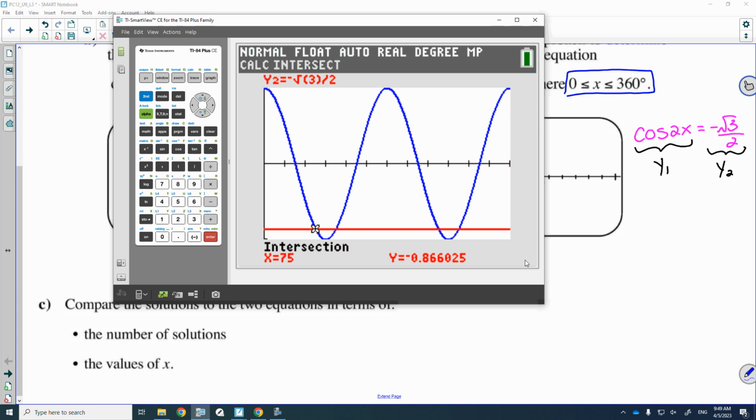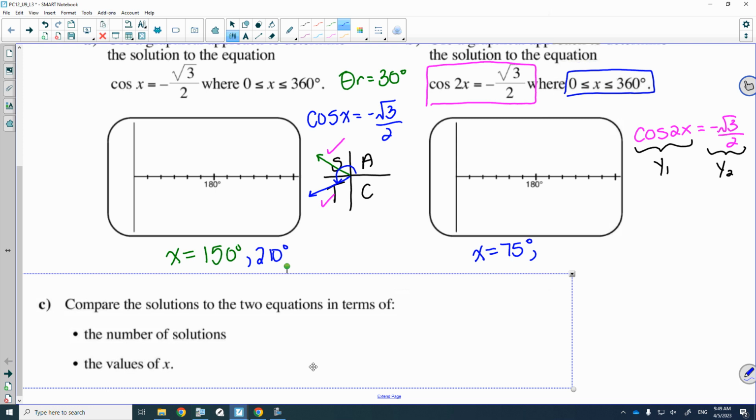Kenji, give me one of your values for x. 105. Okay, so this one is 105, and that's correct.